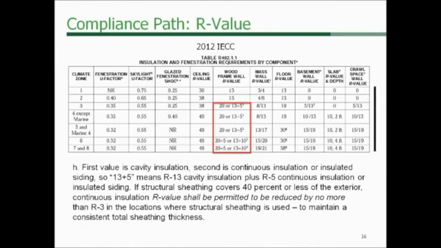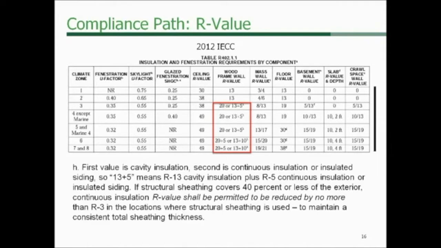The first part, the 13 or the 20, is the cavity insulation, so that's the batt insulation or whatever. The plus whatever is the continuous insulation that's on the outside or wherever you put it. So that's the first part of footnote H.